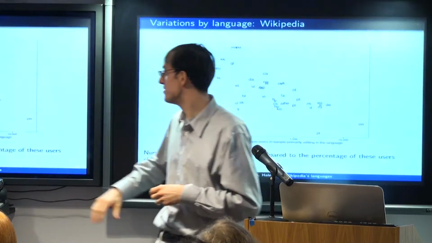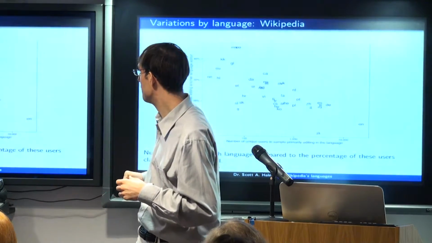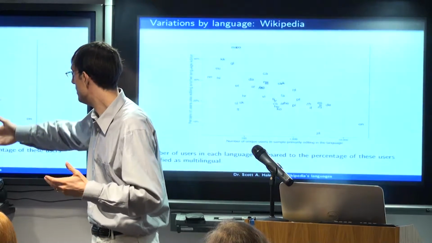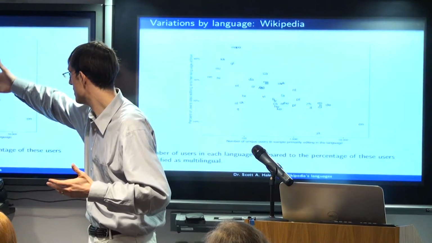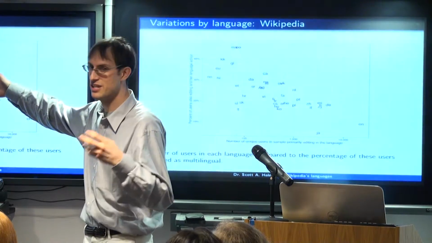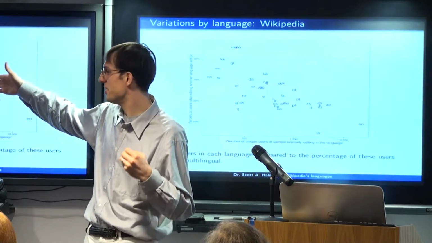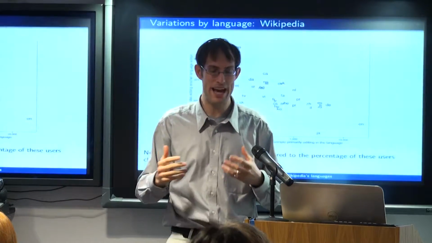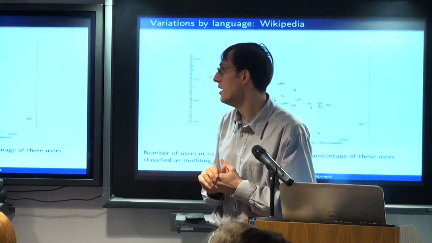And so we can see, for instance, within Portuguese here, there's just over 1,000 unique users in this 1-month sample of active users I'm using. And then about 20% of them edit more than one language edition.